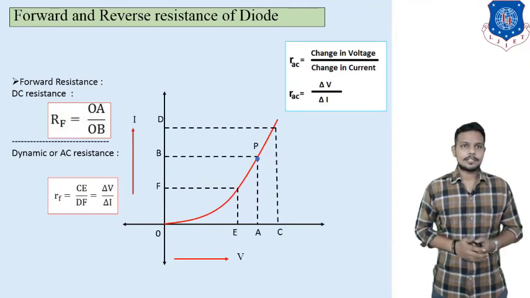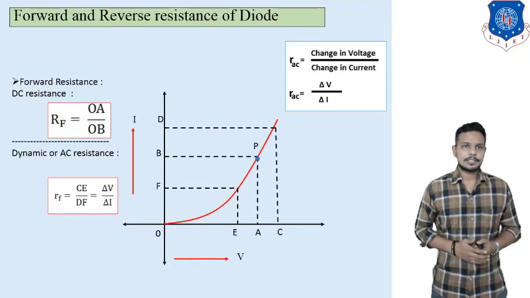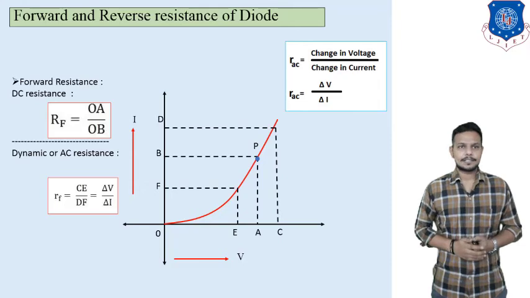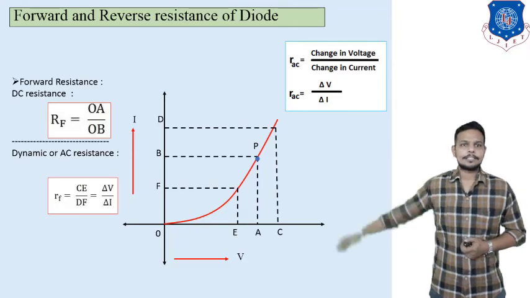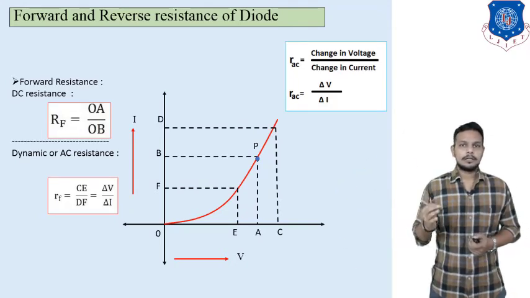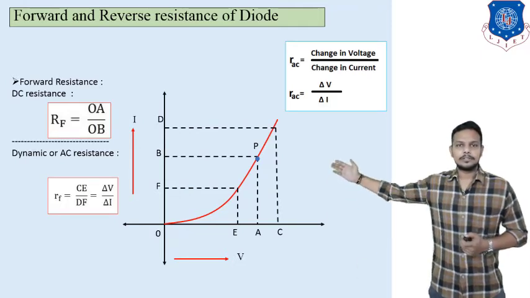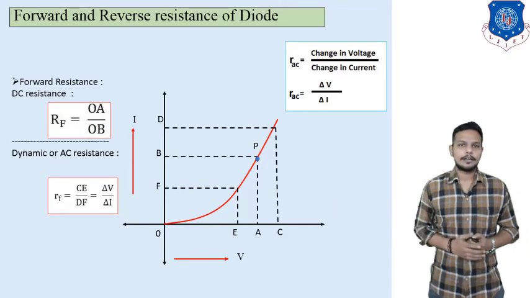Forward resistance can be of two types: one is DC resistance and the other is AC resistance. Let us discuss DC resistance first. Resistance means V equals IR, so making R the subject, it becomes R equals V by I. So basically we are finding the ratio of voltage and current.